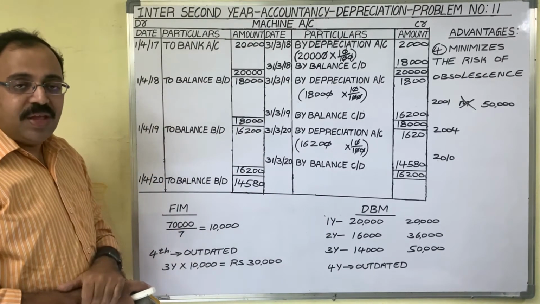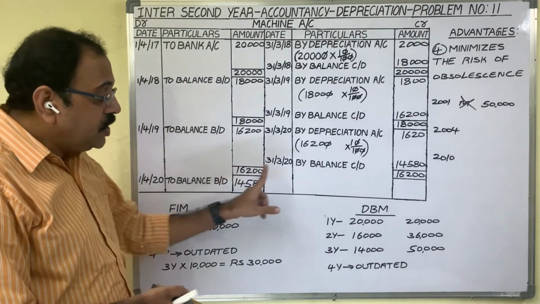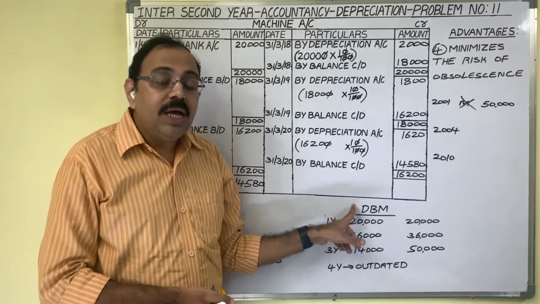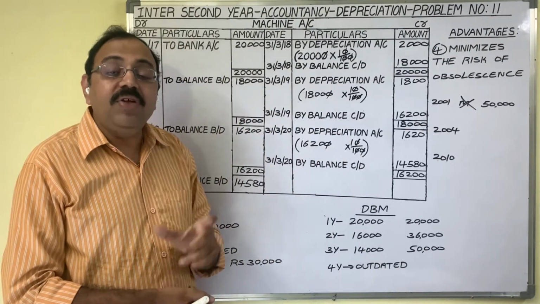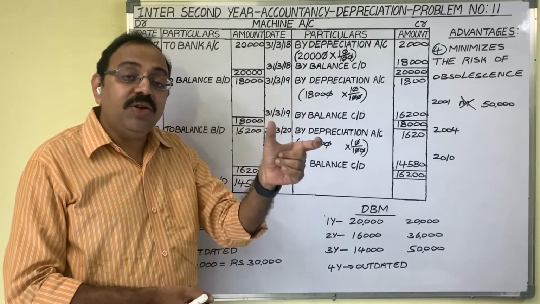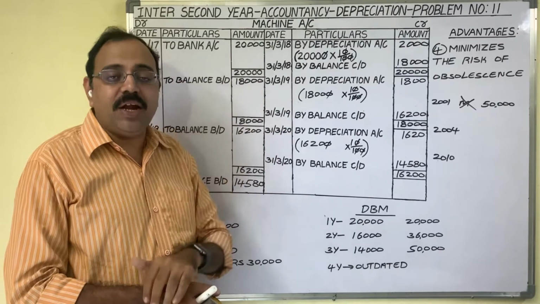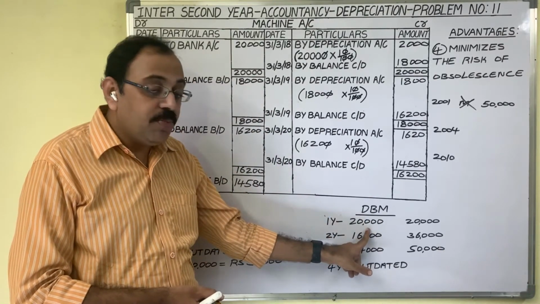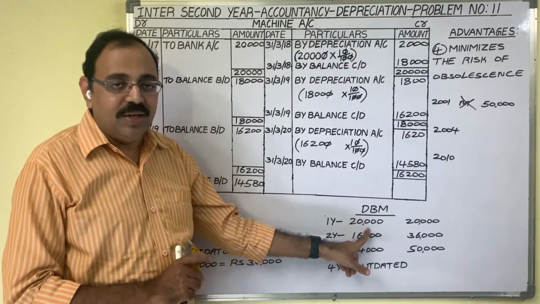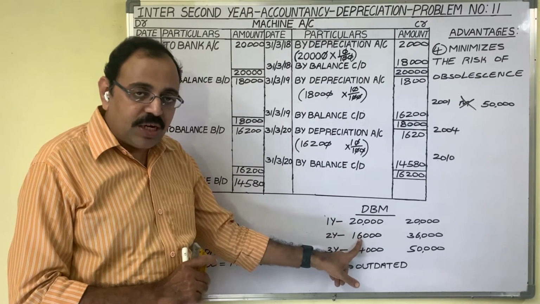Let us see. Compared to the fixed installment method, in the case of the diminishing balance method, the rate of depreciation will be more. Why? I will explain the reason in disadvantages, third point. So as per this accelerated rate of depreciation, assume in the first year the depreciation amount is 20,000. In the second year the depreciation amount is 16,000.